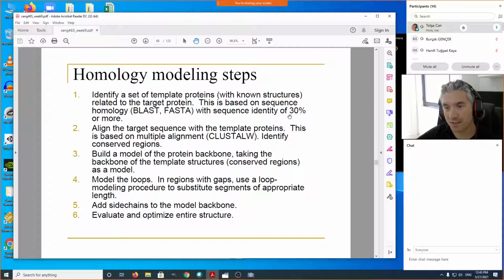You first do a sequence search by using BLAST or FASTA, and you look for a sequence of at least 30% identity to your target sequence, and this other sequence must have a known structure, which means that you have to conduct your BLAST search against the Protein Data Bank as your database.